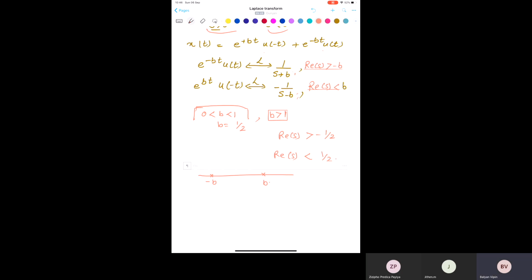So this says that real s greater than minus b. So it says basically this region.